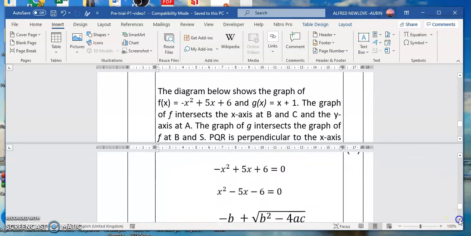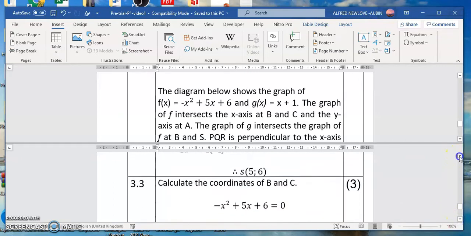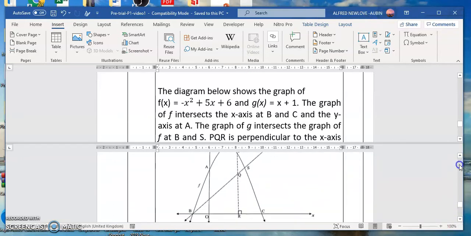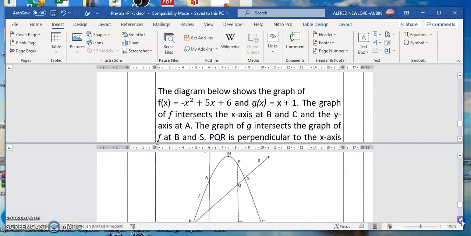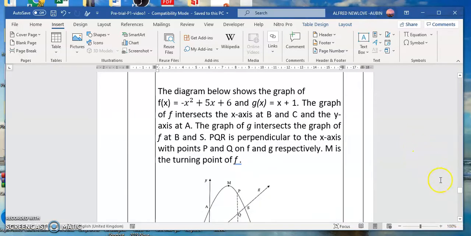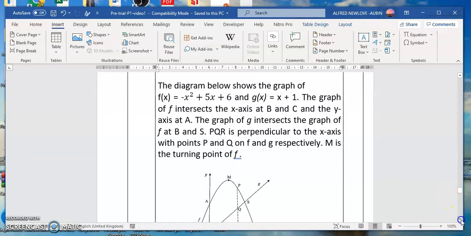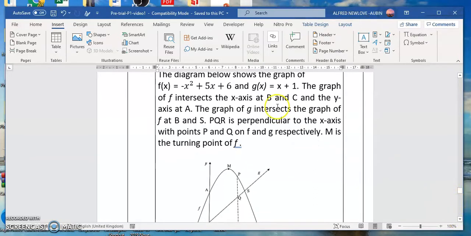Now, this is our graph given according to the question. It says it intersects the x-axis at B. Where is it?